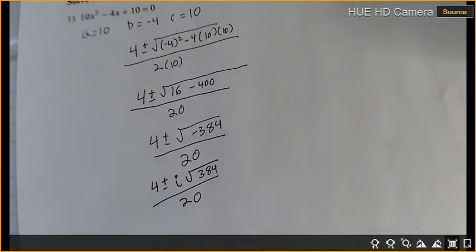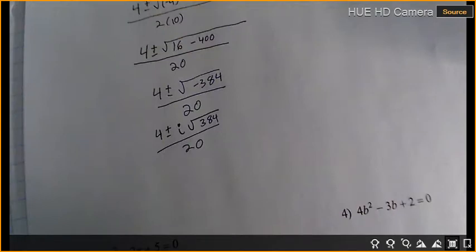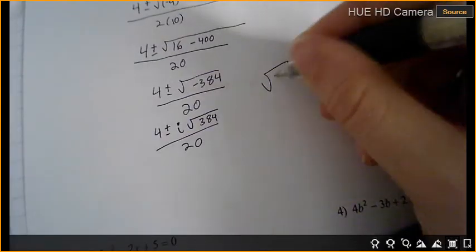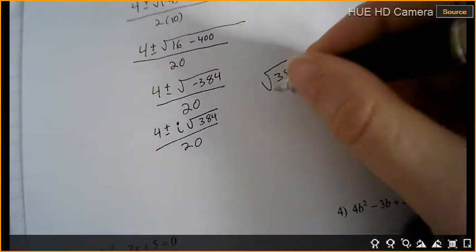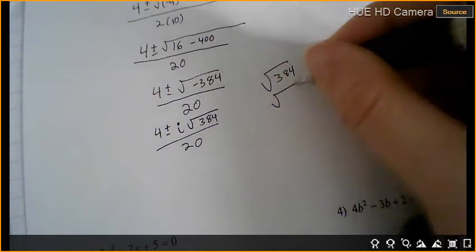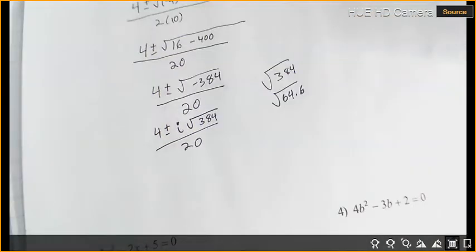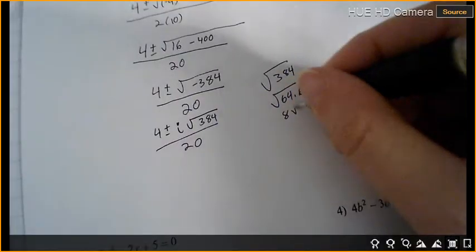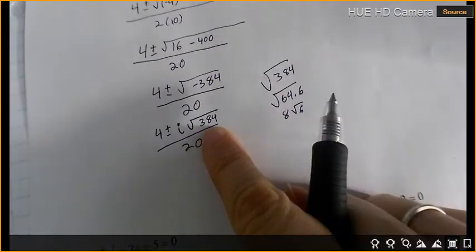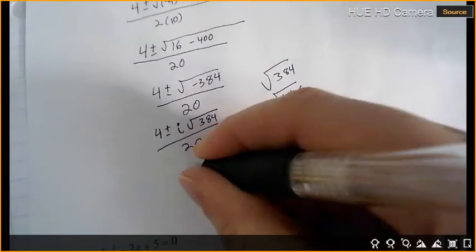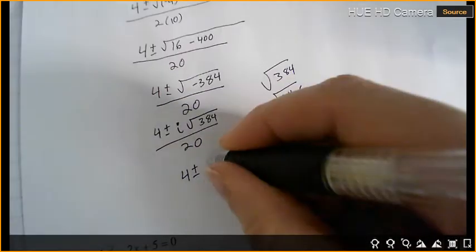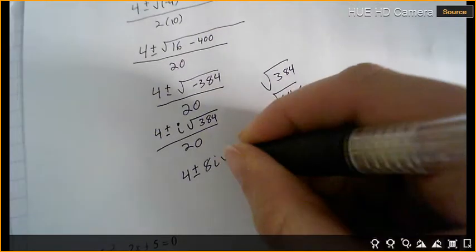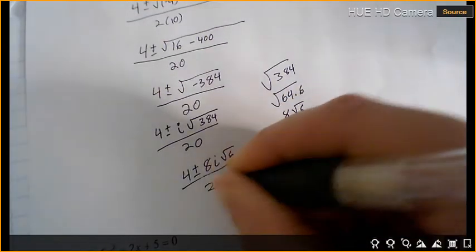No. Will 64 go in there evenly? Yes. So square root of 384 becomes square root of 6 times 64. What is the square root of 64? Okay, so 8 square root 6, that replaces the square root of 384. So I have 4 plus or minus 8i square root 6 over 20.